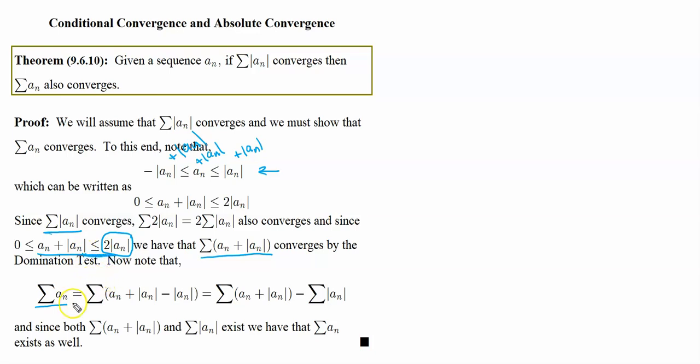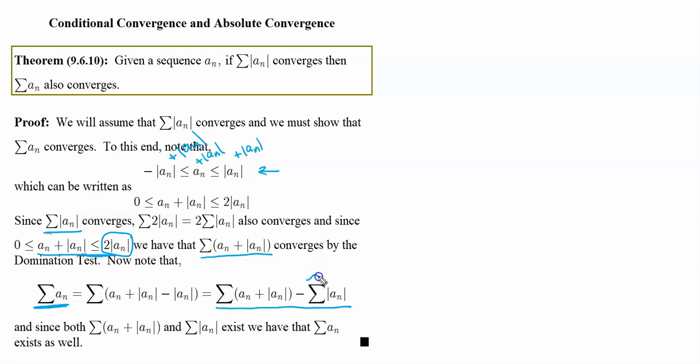Now let's also note that we can write this series that we're trying to show converges like this. You notice that these absolute value a sub n terms just cancel, so we use that little math trick, add in, subtract back out. Now we can also distribute the summation and write it like this.